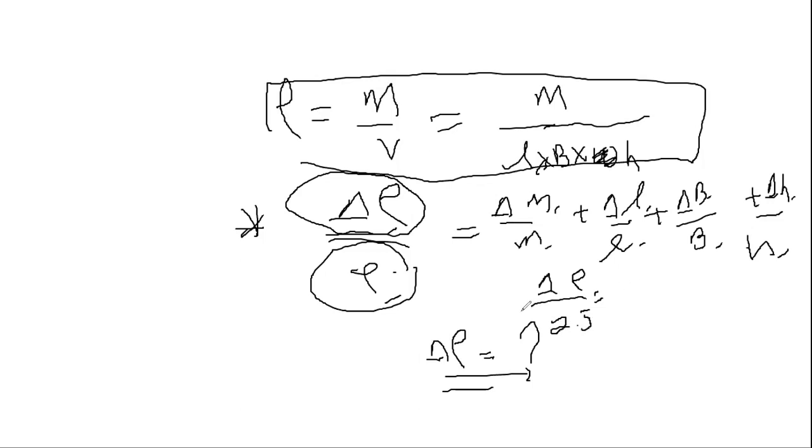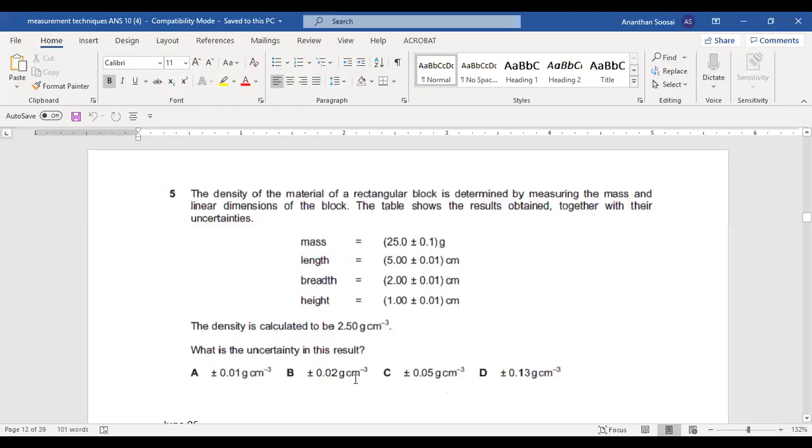Changes of M over M is what? I go back to the question. So remember this is the step you have to use. So, 0.01 over 5, over 2, over 1. Okay, go back.